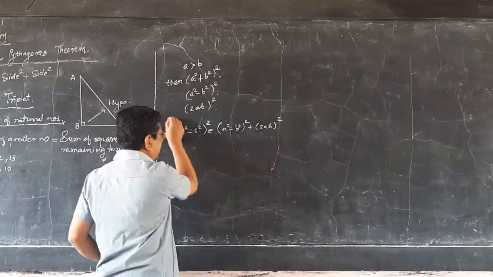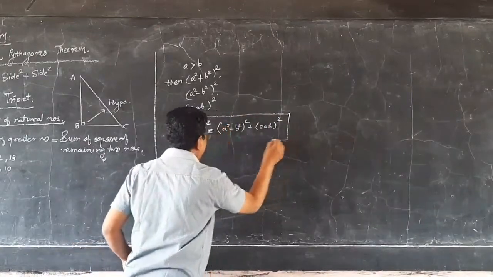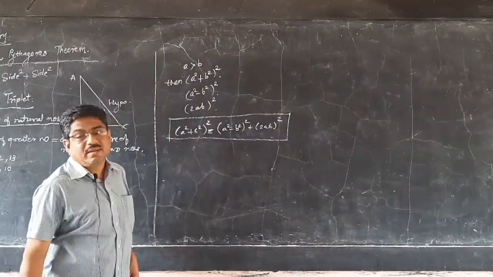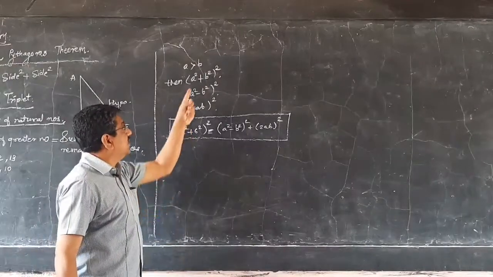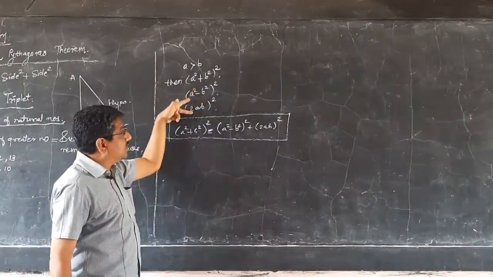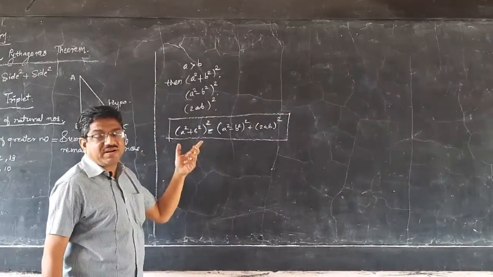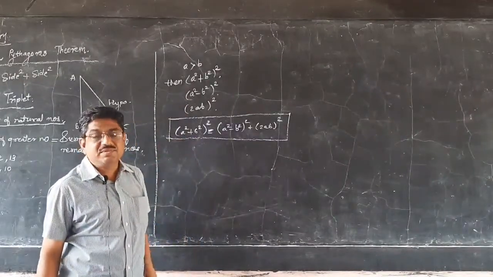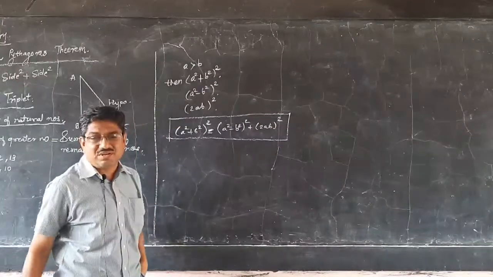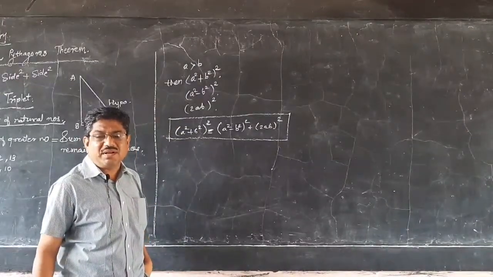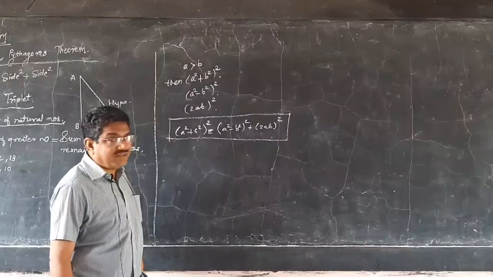This is actually the formula. Then this is the greater side and these are the two remaining sides. By using this concept, you can find any number of Pythagoras triplets. This also you have studied in 7th, 8th, 9th. It is a recall.